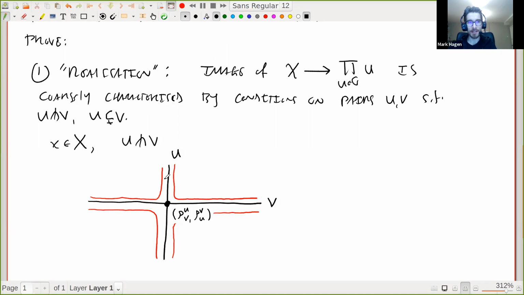So either the projection of X to U has to be close to rho VU, or the projection of X to V has to be close to the projection of U to V. So a point in the product of hyperbolic spaces that lands over there could be in the image of X, but a point that lands over there cannot.